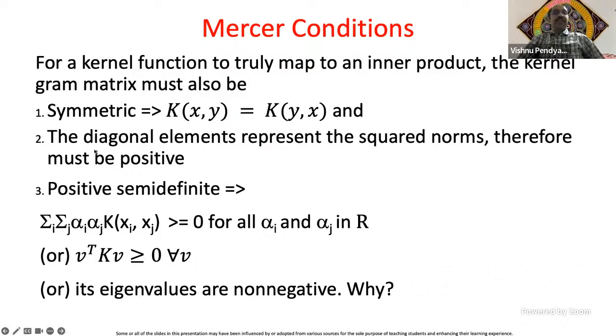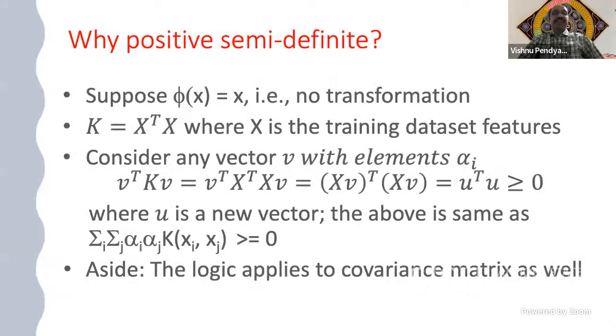Now, every book says that the gram matrix and the kernel function need to be positive semi-definite, but let us also see why they need to be positive semi-definite. So why should they be positive semi-definite? Suppose phi of x is basically x. That means there is no transformation, just a linear transformation.